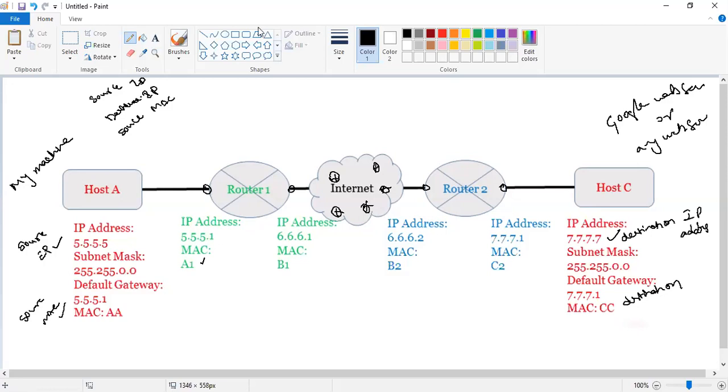For example, www.google.com is the domain name, and it will have some IP address, the example I'm giving is 7.7.7.7. Yahoo, for example, yahoo.com, its IP address is 8.8.8.8.